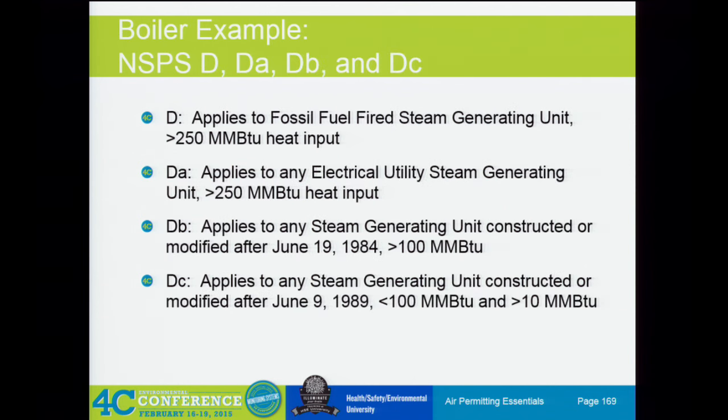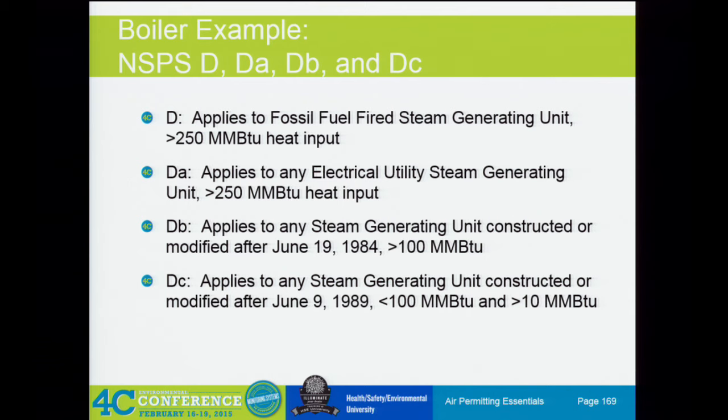But that's not the way the D series works. The D series has a mixing of time, size and utility. D started with the big fossil fuel steam generating units, your big steam boilers over 250 million BTUs.